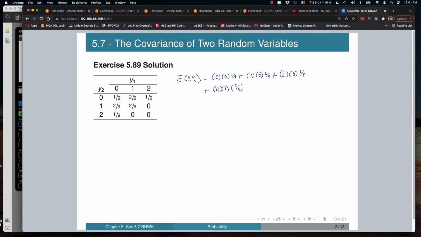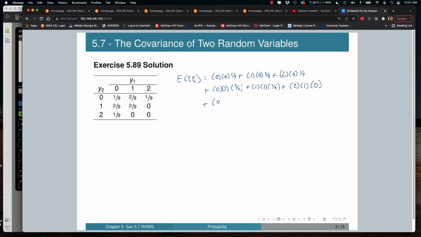plus 1 times 1 times 2/9 plus 2 times 1, I made it an ordered pair, old habits, times 0. That's the probability there. And then I'm going down to the last row and doing it with y sub 1 values.